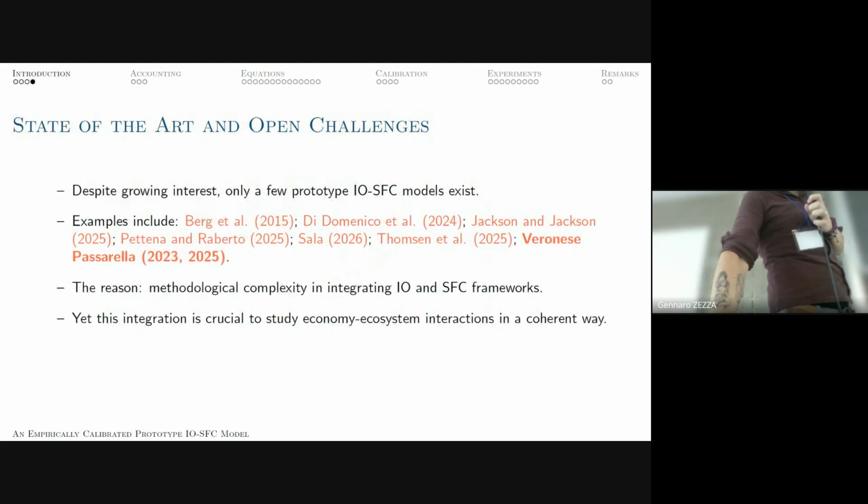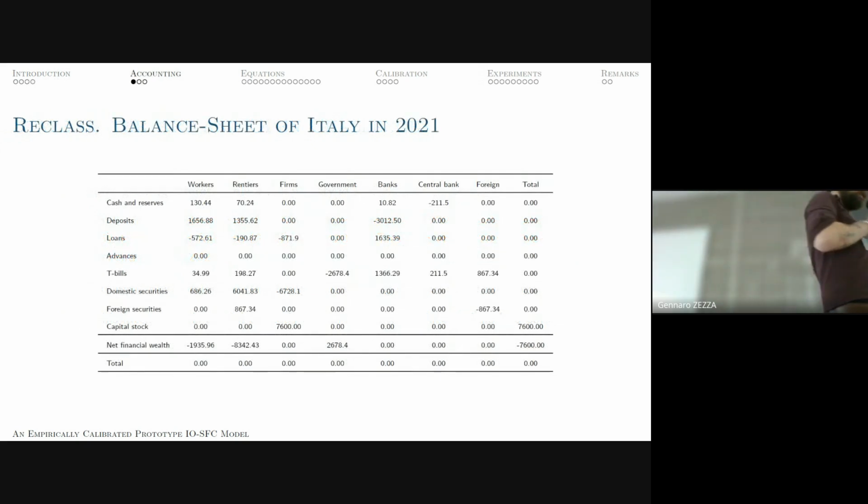So I've started working on this model, and I created a code which is complicated enough to allow developing an IO-SFC model for Italy, so an empirical IO-SFC model and an ecological empirical IO-SFC model, but it's simple enough, I guess, to be understood and to be used as a benchmark and to be improved in the next few years.